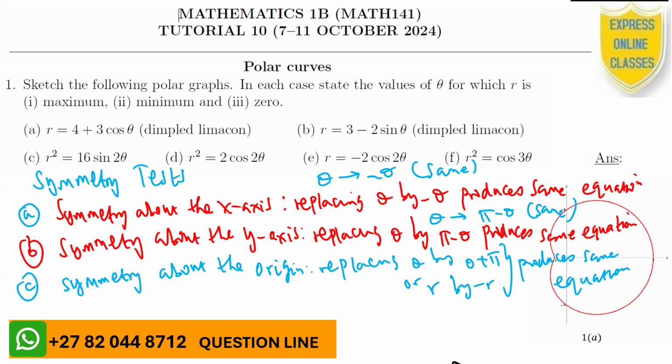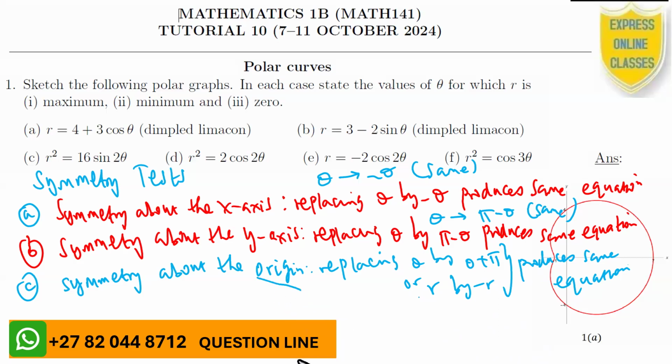Let us deal with the symmetry about the origin. What do we do with symmetry about the origin? You replace theta by theta plus pi, or replace theta by pi plus theta, or you replace r by minus r, and the equation remains the same.